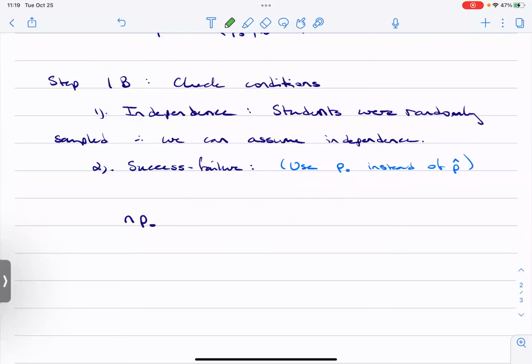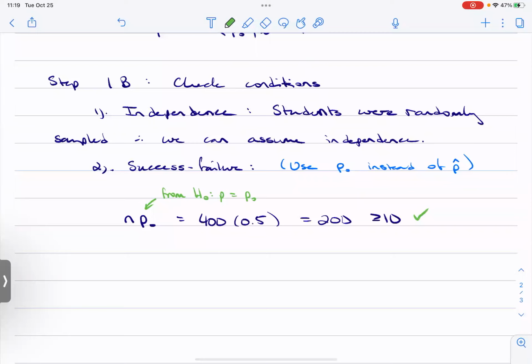In our case, n was 400 students and p naught was 0.5. Even I can do that in my head: 200, which is of course greater than or equal to 10.